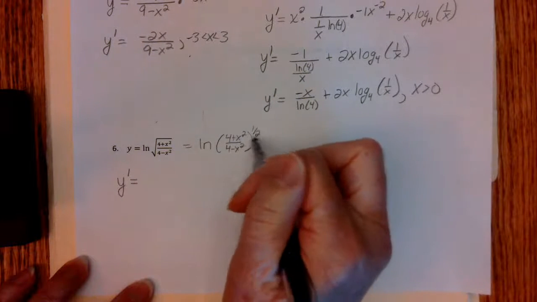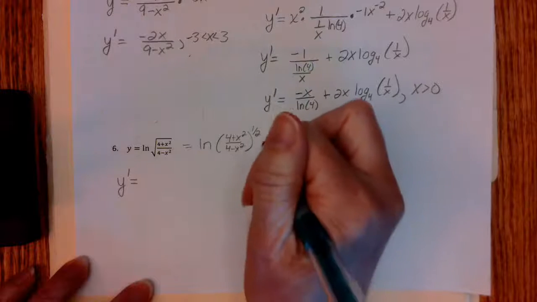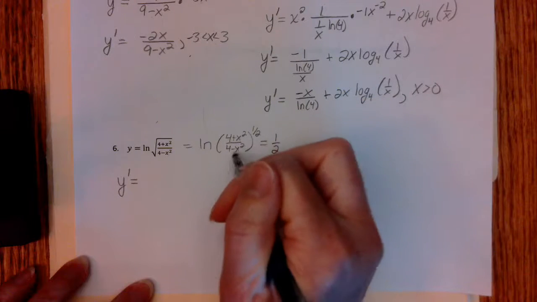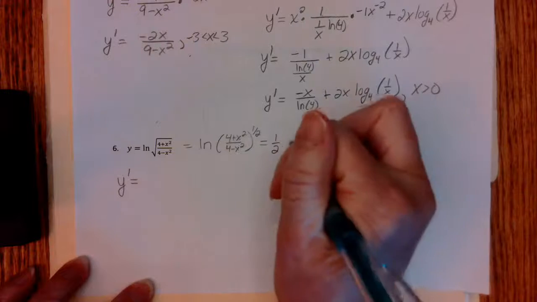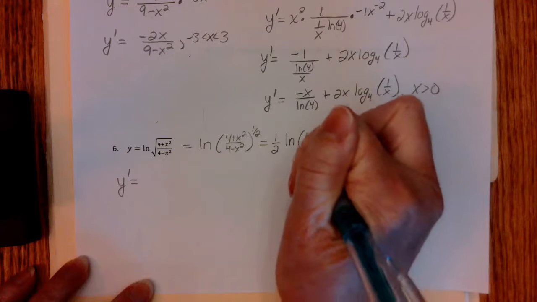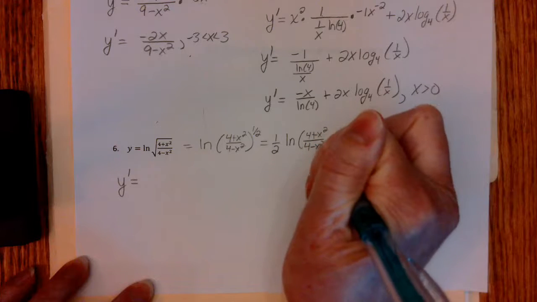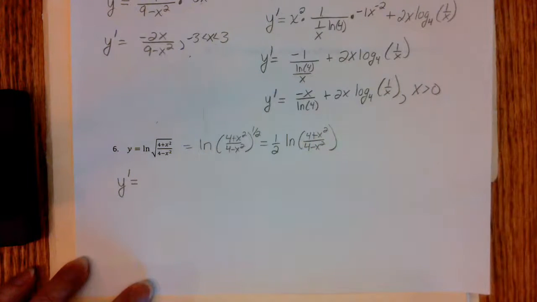That 1/2 power, because of logarithm properties, moves. So now instead of dealing with a 1/2 power inside as the middle piece, it now is just a coefficient. So looking before you jump in can save you time and energy on the algebraic part of doing the derivative.